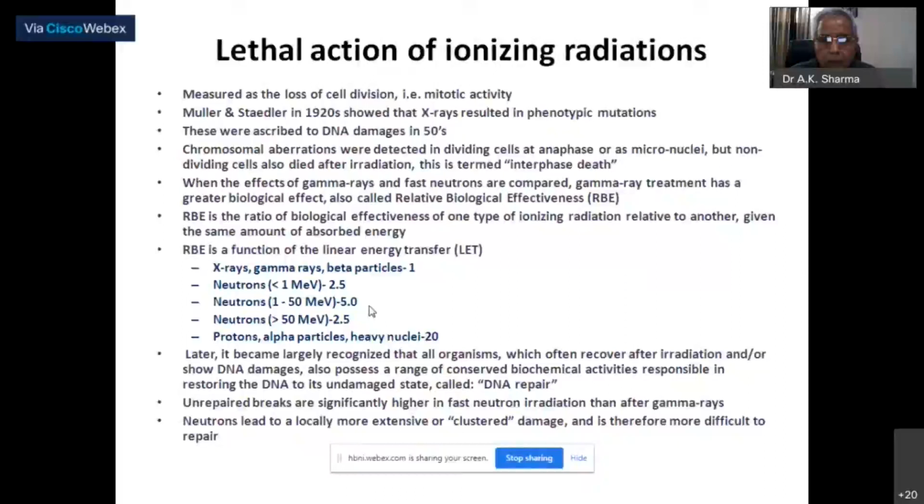There's a lot of damage taking place compared to gamma rays in case of neutrons, because they are particulate heavy, and therefore to start with, there will be a lot of damage, and a lot of tissue damage happens in case of heavy particles.